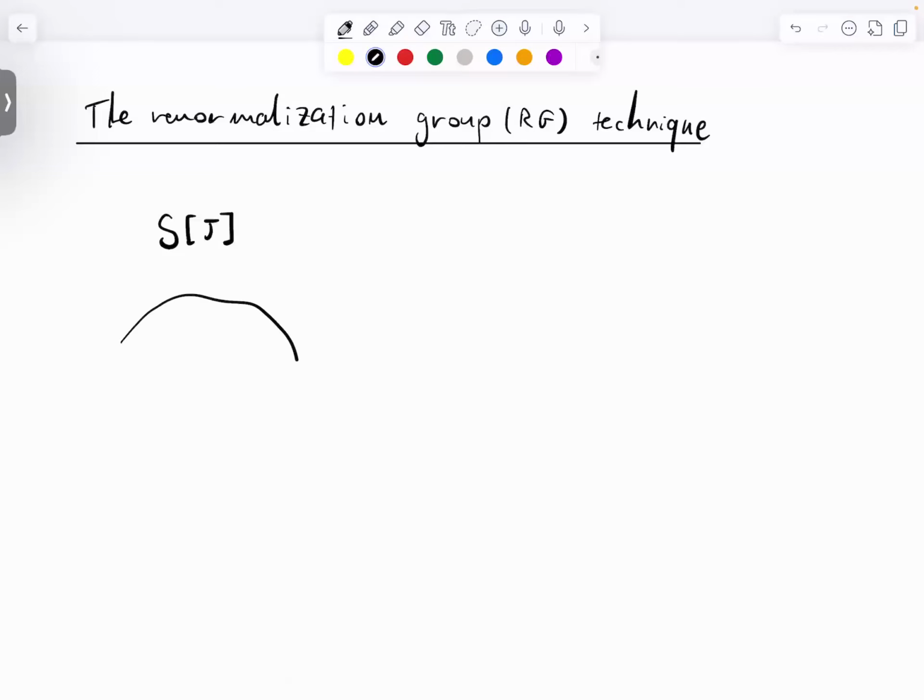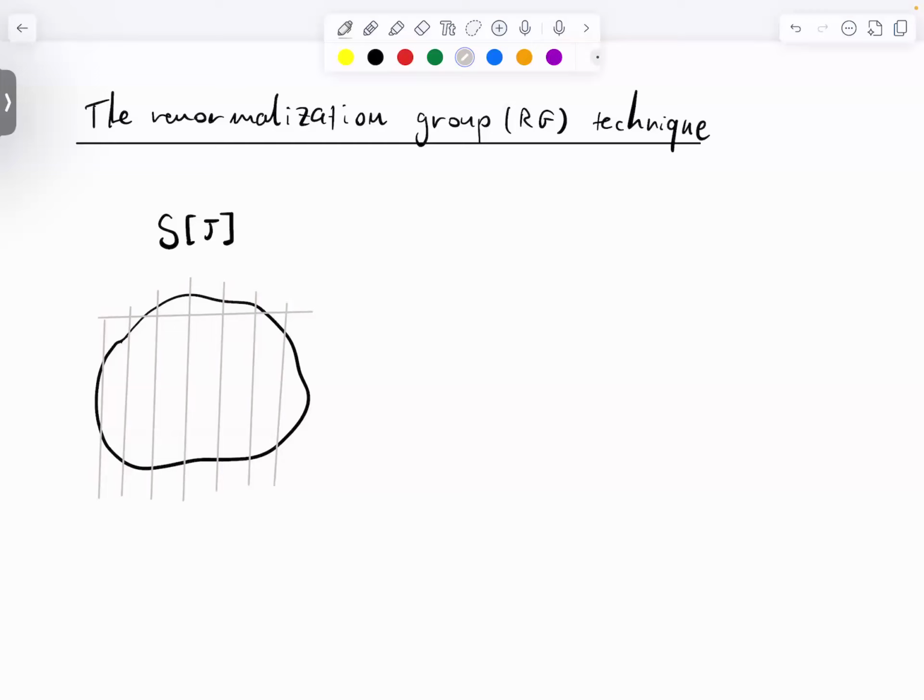And this theory lives in some domain, some system. And then the basic idea is that there is some sort of short range cutoff. For example, you could imagine that the system is on a lattice, or there is some high energy scale which defines a short time scale or high momentum scale. Okay, and this is our theory.